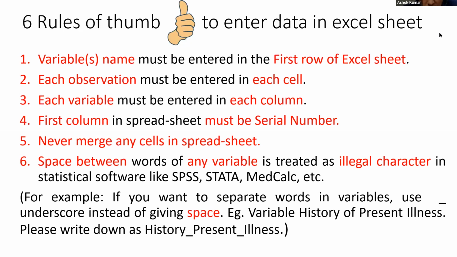For example, the variable history of present illness, please write history underscore present underscore illness, or you can write history underscore pre underscore ill, a short form. Please give an underscore, never a space. You can give a space, it is okay, there is no problem, but sometimes you will face a problem because you may not remember the actual variable name.